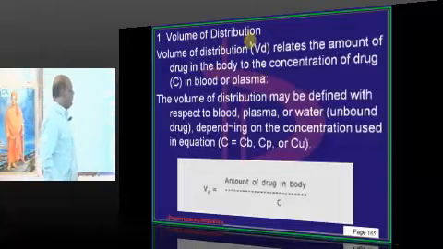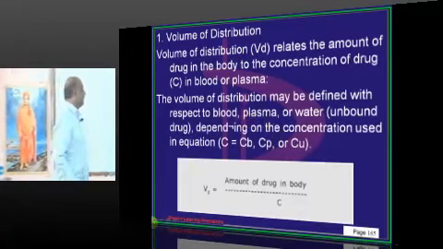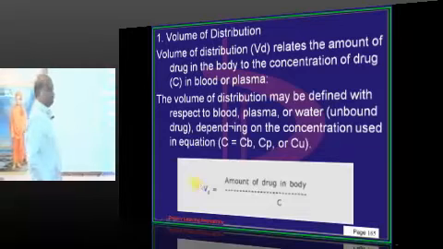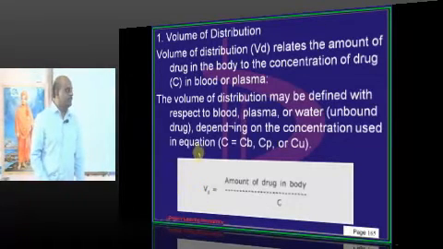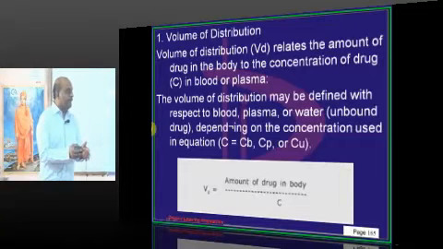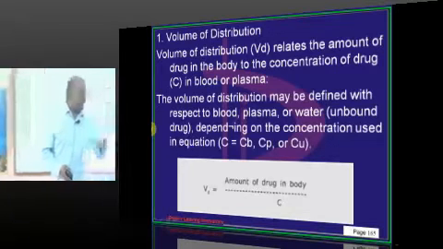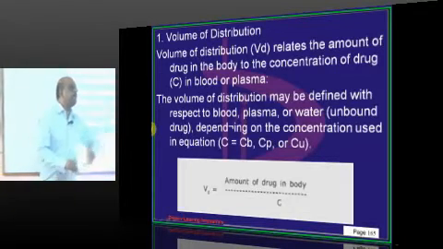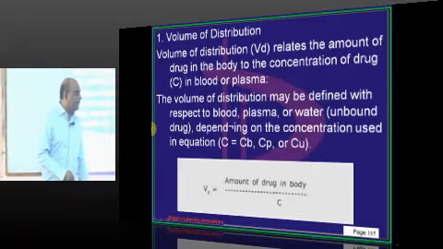Now let us talk about volume of distribution. What is the meaning of it? Very simple. You are giving some amount of drug, and the drug ultimately has 2 choices: remain in plasma, or go extravascular into the various tissues in the body like adipose tissue, into the liver, into the bone.